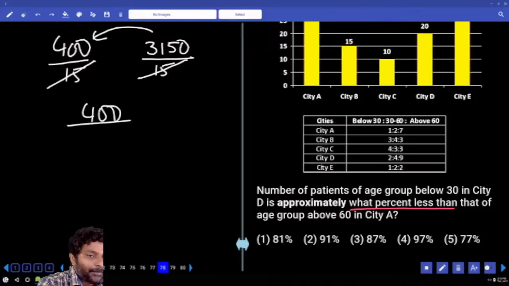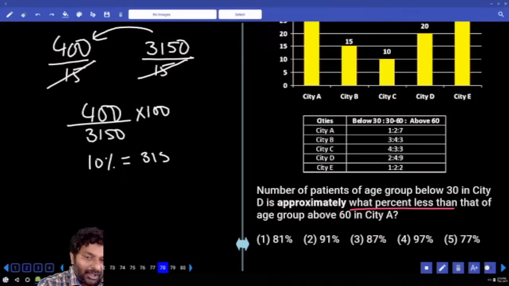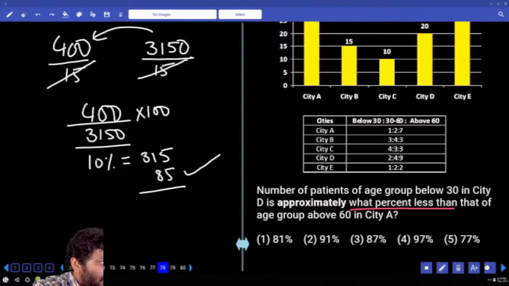400 upon 3150 into 100. Done? What is 10% of the denominator? How much more do we need to add? 80. What is 1%? 2%. This is more than 2%. What is 3%? 3%. 94.5.